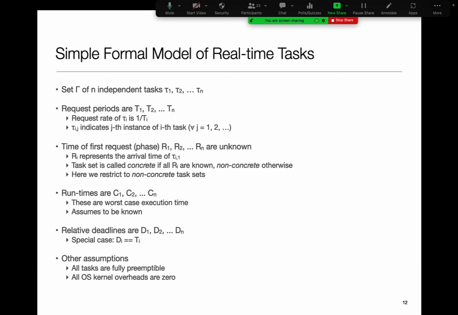So task tau 1 needs time C1. Every copy of task tau 2 needs time C2. Every copy of task tau n needs time Cn. Now again, we have made a lot of assumptions here which don't hold in practice. In practice, every time you run a task, its time may differ for a variety of reasons.